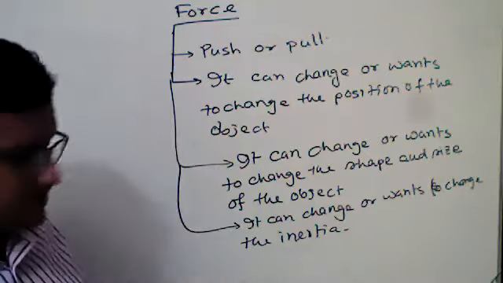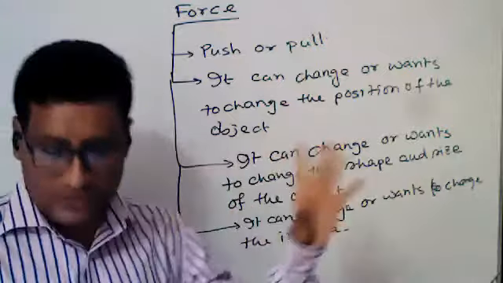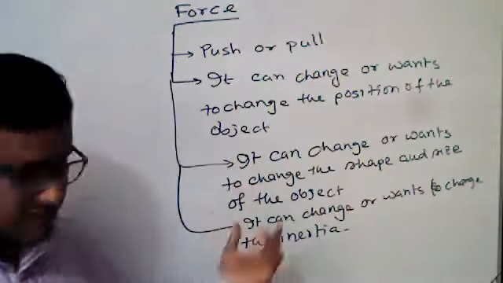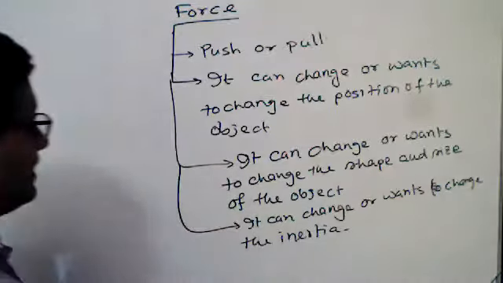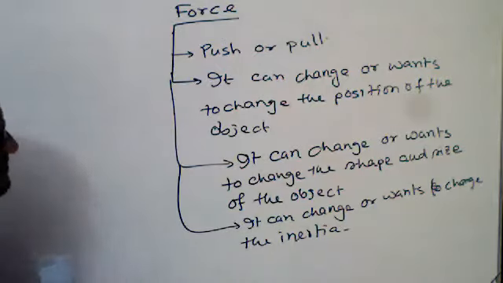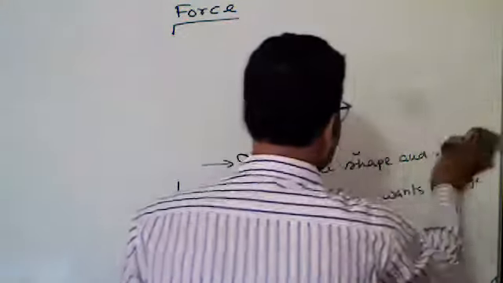It cannot change it. So if push or pull or force is applied, the shape, position, etc. will be changed. That is why we say it can change or wants to change the inertia.